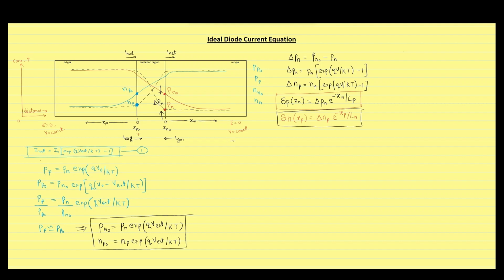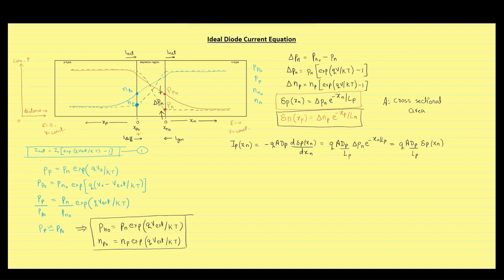The whole diffusion current at any point xn in the n-type region can be calculated as, here we have assumed that A is the cross-sectional area.